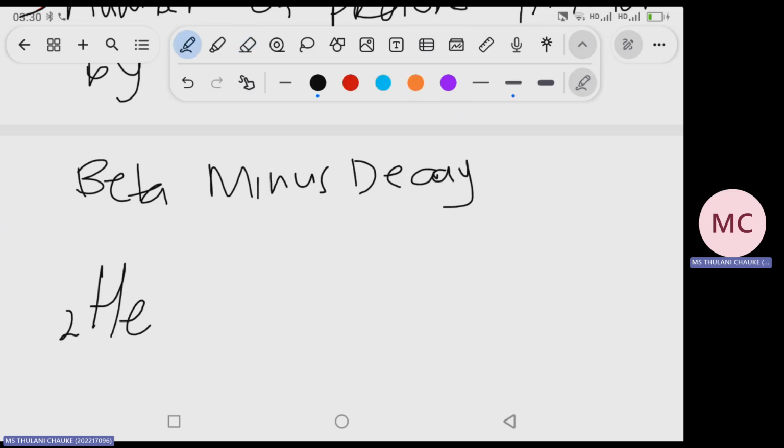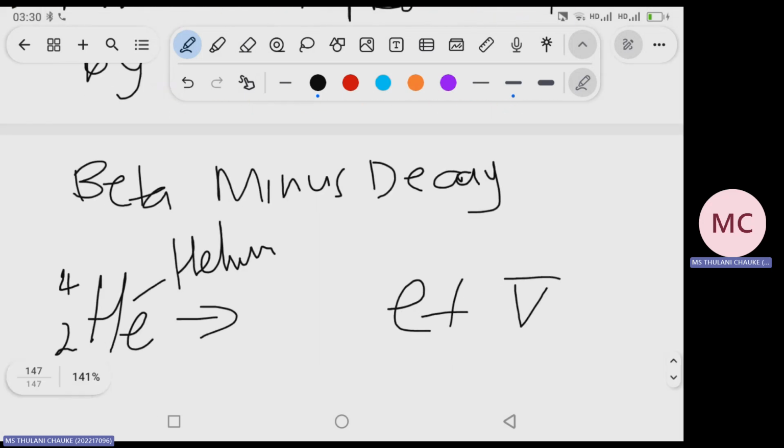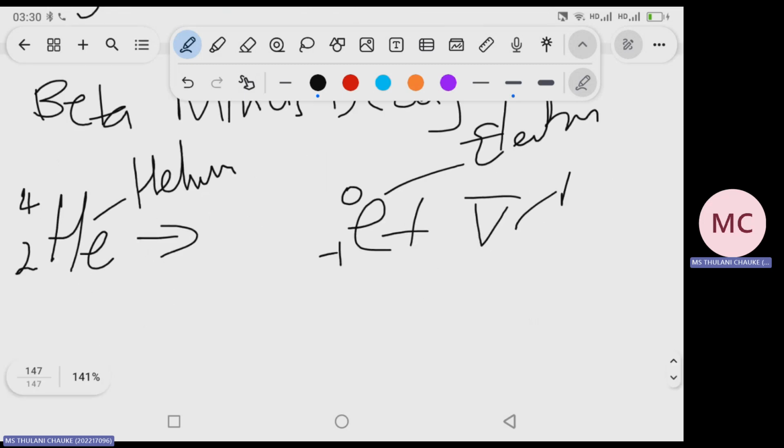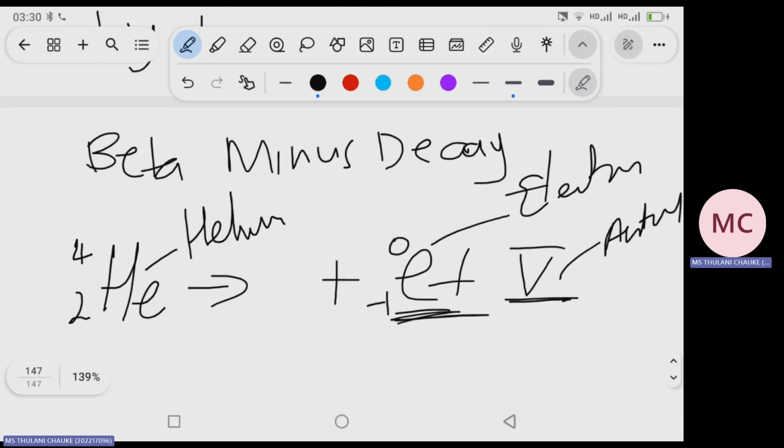Let's say you've got the element helium. We know that an antineutrino will be emitted and also an electron will be emitted. So this is our electron being emitted, and this one is our antineutrino. Make sure you write these things, because there is an exercise I'll show you.